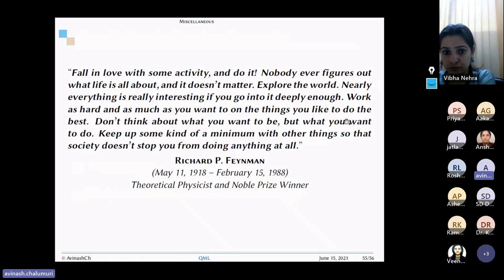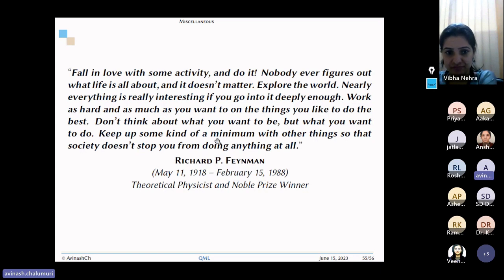So that's all. Finally, I want to end on a philosophical note. After this, I'll be showing some resources to learn quantum. This is one of my favorite quotes by Richard Feynman. He's considered to be the father of quantum.